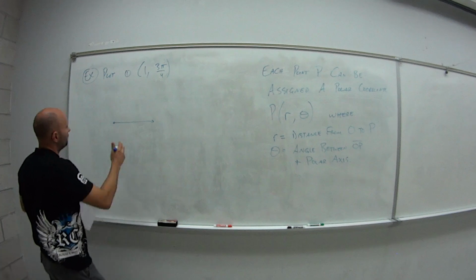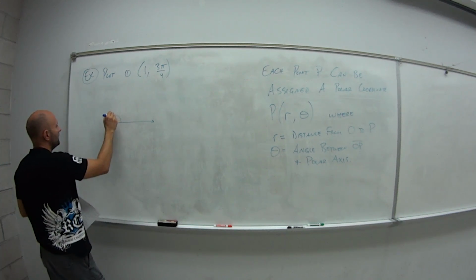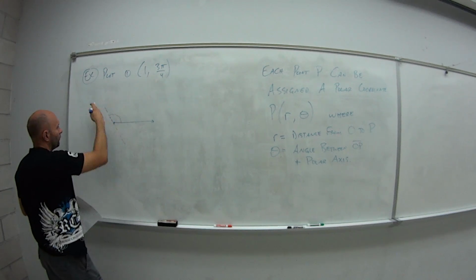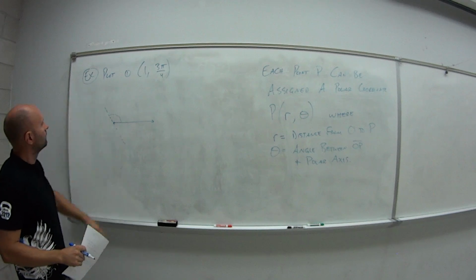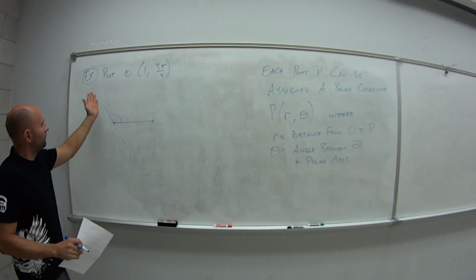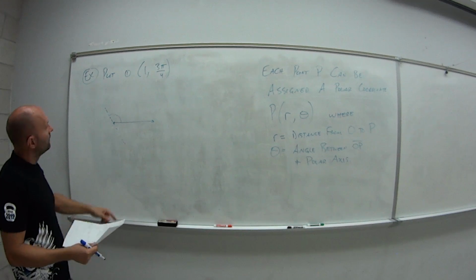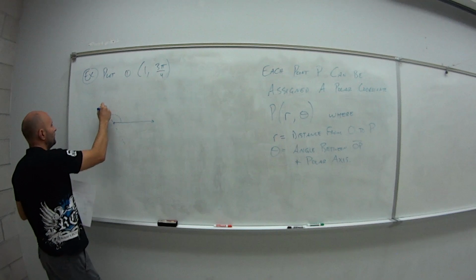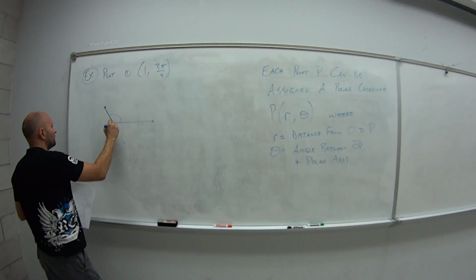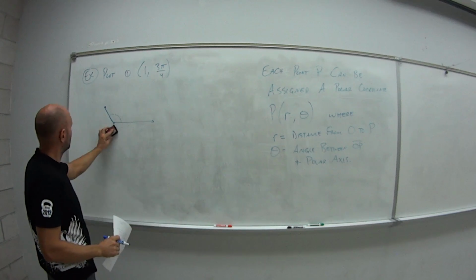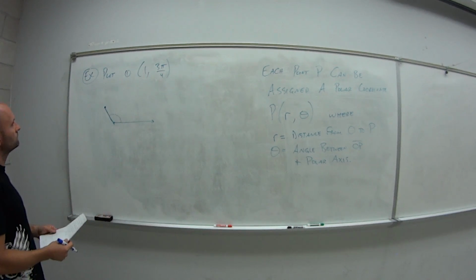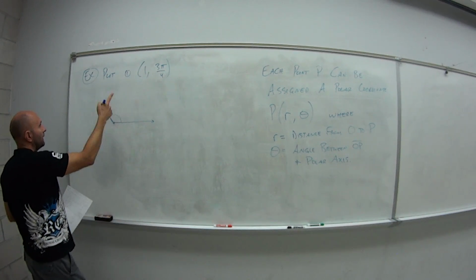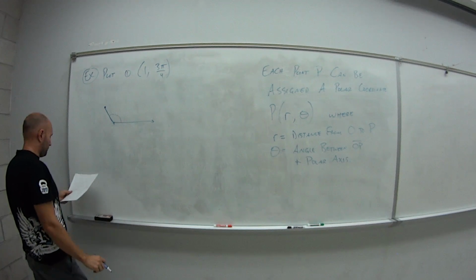Theta is 3 pi over 4, which puts me over in what I used to think of as quadrant 2. So it's that line there, kind of running upper left to lower right. That's theta is 3 pi over 4. My radius is 1, which is positive, so I'm just going to move out 1 unit here. So this is the graph, this solid blue line of the point P (1, 3 pi over 4).